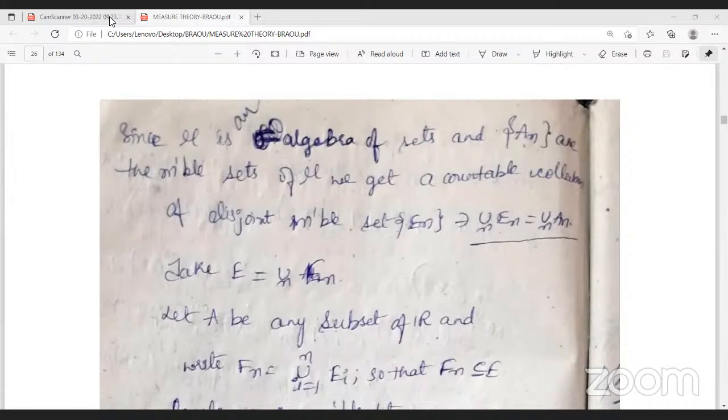Apply the limit inside: m of E1 minus the limit k tends to infinity of m of Ek, and observe here on the right side we have m of E1. Cancel, minus cancel. Cancel them; the book writes it directly. m of E1 cancels on both sides, and minus cancels. Therefore m of E equals the limit k tends to infinity of m of Ek.